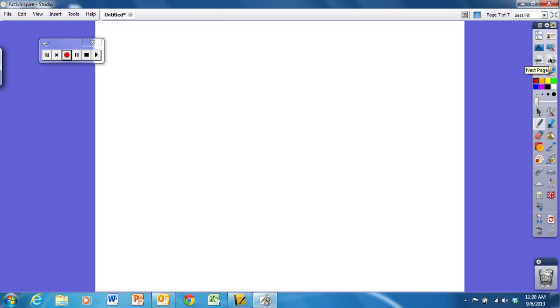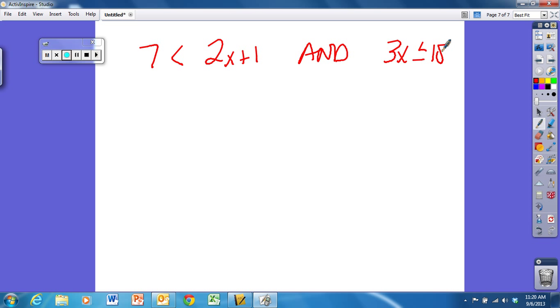There are some inequalities that say or, or say and. So for instance, here is an and inequality. 7 is less than 2x plus 1, and 3x is less than or equal to 18. Our answer has to be true for both of these inequalities.